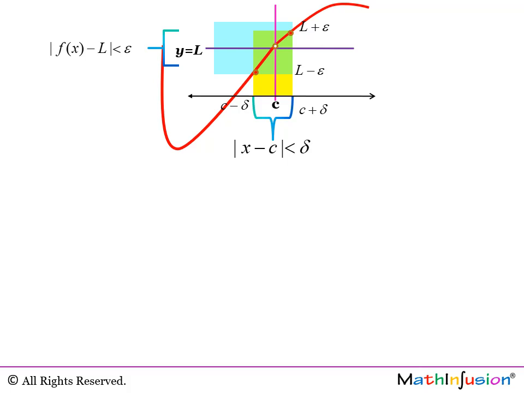If there is a limit, we should get that for all those x's such that x minus c in absolute value is less than delta, which means that those x's are in this interval on the x-axis, f of x minus L in absolute value is less than epsilon, because they should be within the blue stripe.